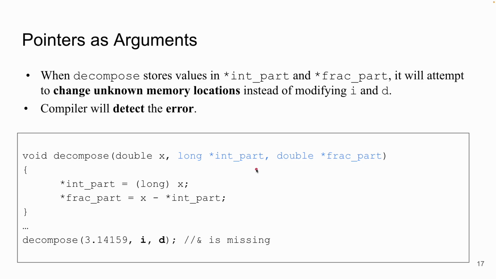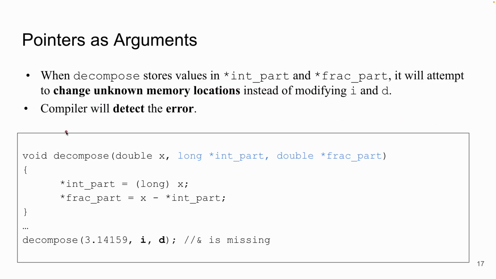If that happens, the decompose function will try to change an unknown memory location, because it will think the memory address is the value of i. Maybe it's 10, maybe it's 0.1, but we don't know what we have at memory address 10. So it will change the unknown memory location instead of modifying i and d.